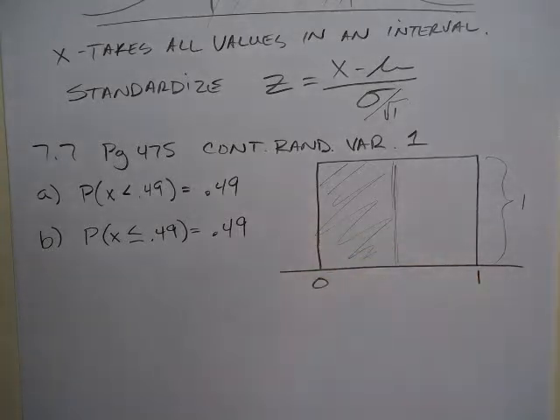Where in the discrete random variable, the less than or equal to have different meanings, here they're the same. In algebra, we would graph this with a dotted line, remember? This would be graphed with a solid line.